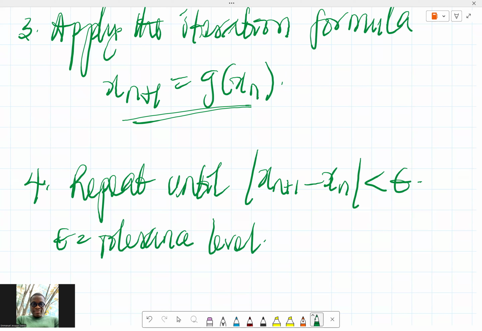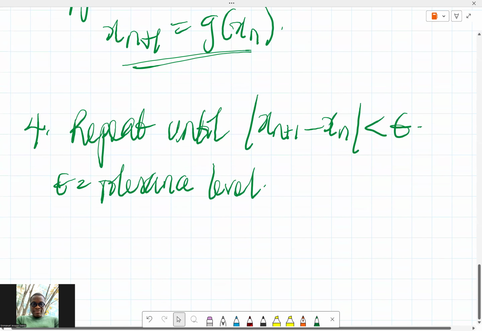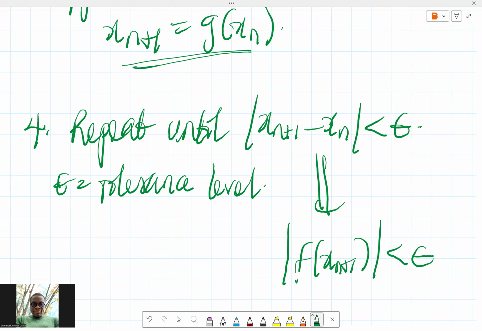So you discover that so far we've had two kinds of stopping criteria: either you compare the successive iterations or you check the function. So it could also be the absolute value of f of x n plus 1 being less than epsilon, the tolerance level.